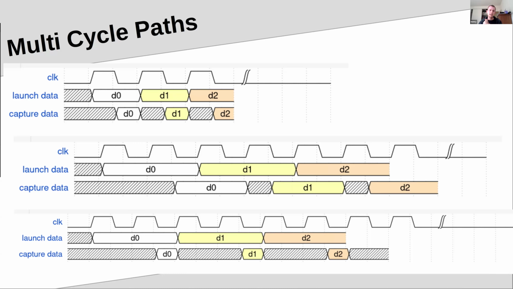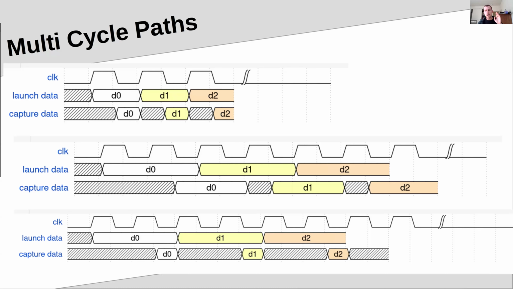Another way to think of it is that normally our hold requirement, let's say we're running a 1 gigahertz clock, which means we have a clock period of 1 nanosecond. Let's say our hold requirement is 50 picoseconds, which isn't unreasonable. Hold requirements are typically pretty small. So let's say it's 50 picoseconds.